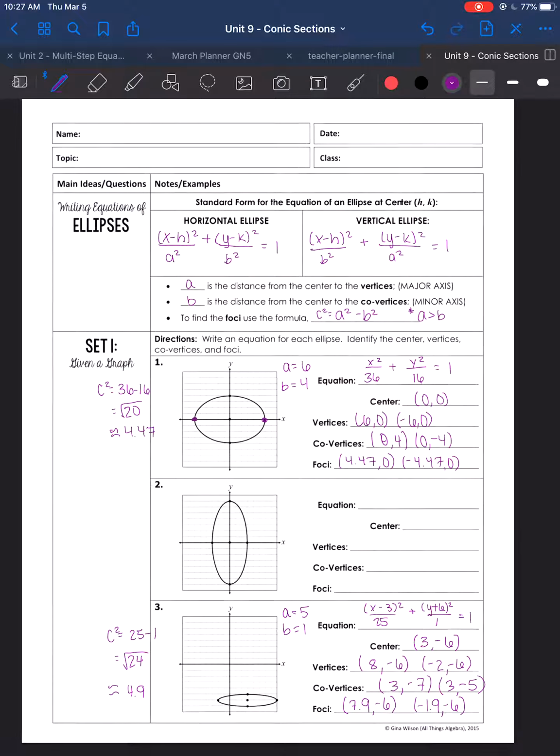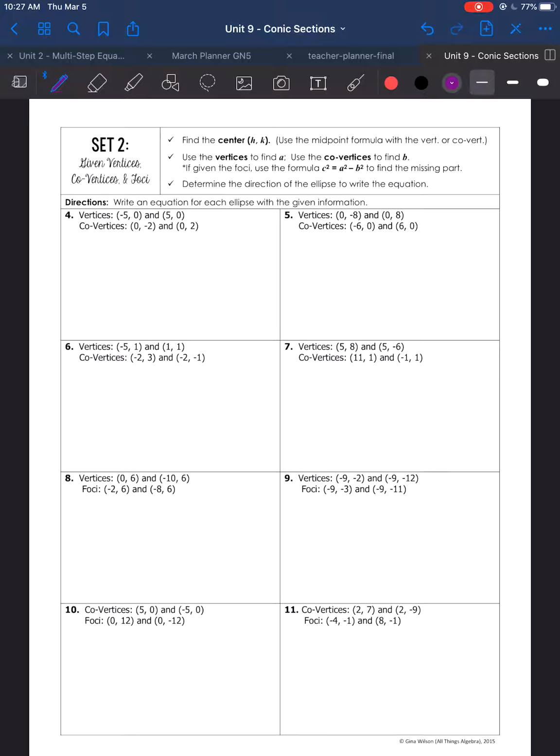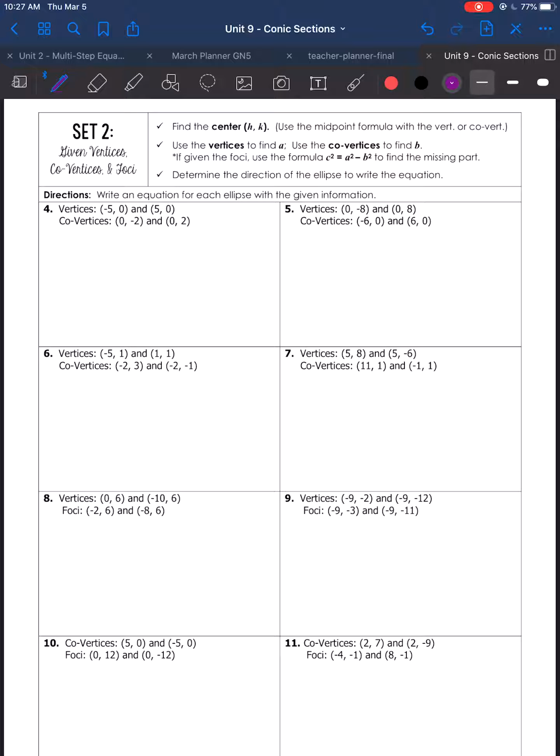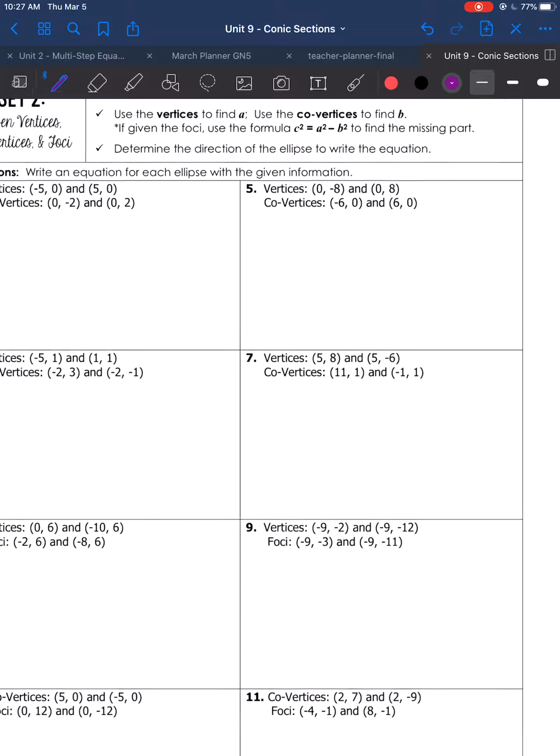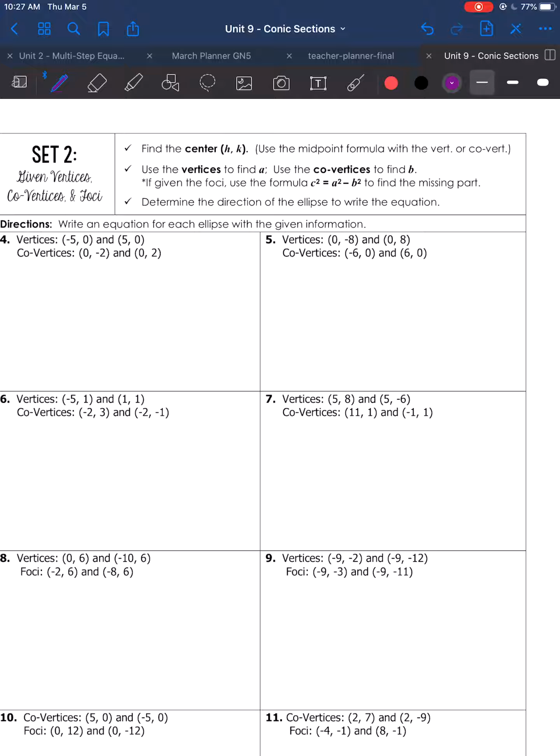But what if I don't give you a graph? What if I just give you information? So let's do the odds, just because. If I just give you information, you're going to find the center (h, k).